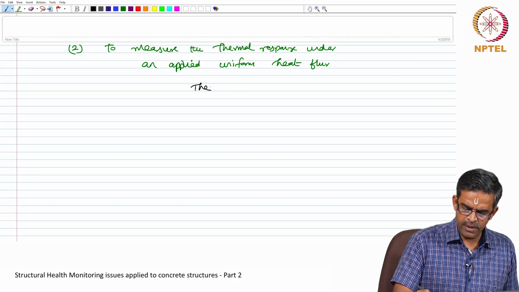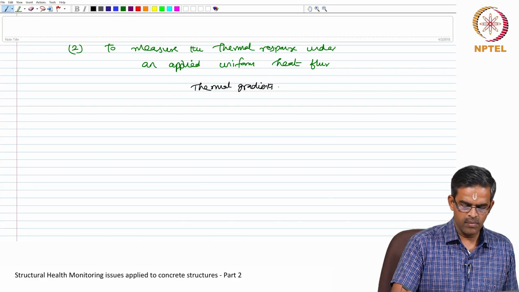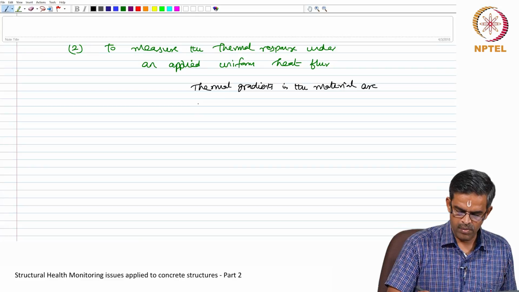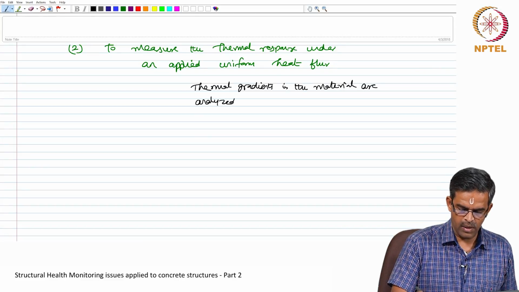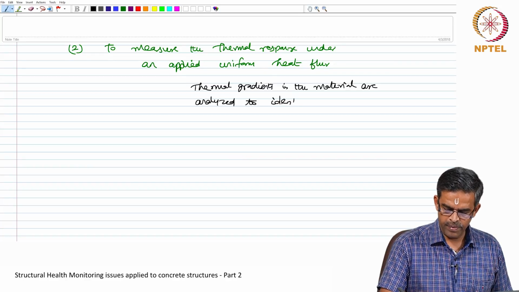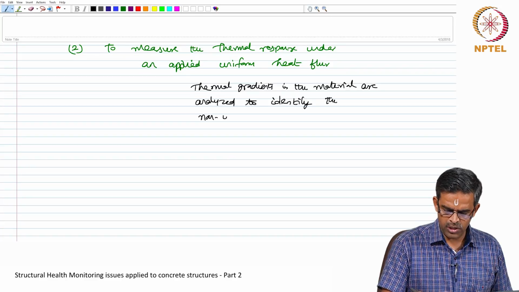Thermal gradients in the material are measured and analyzed to identify the non-uniform material composition.